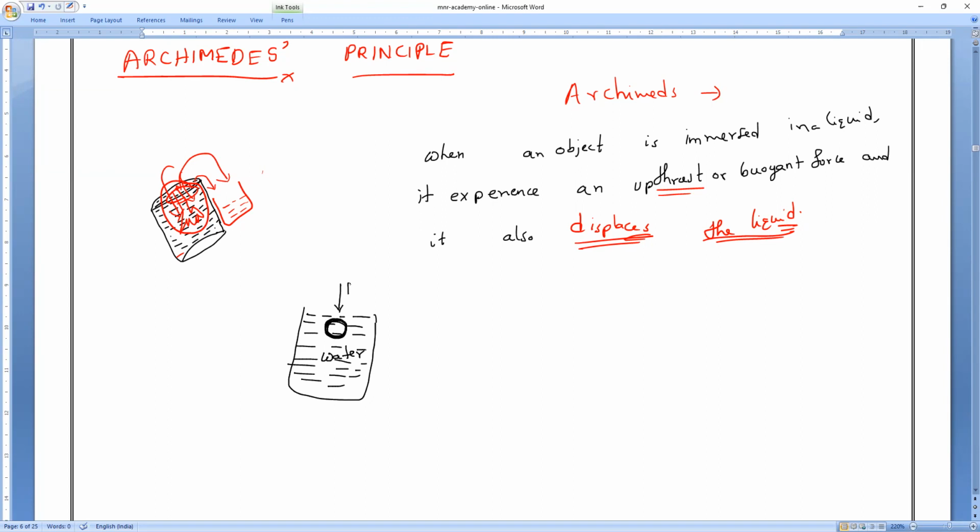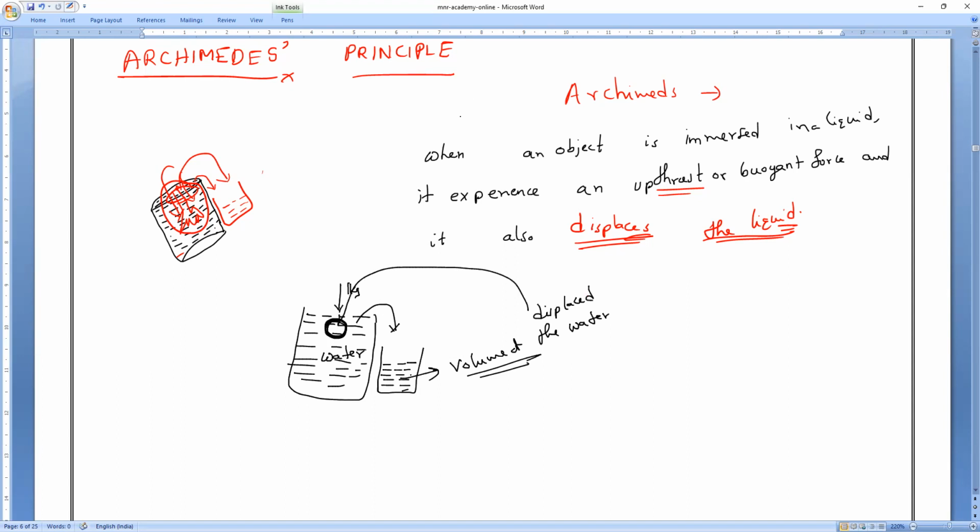Because of this 1 kg stone, some amount of water will be displaced. I will collect that water in another beaker. Now, if I measure the volume of this displaced water, it equals the volume of the object.